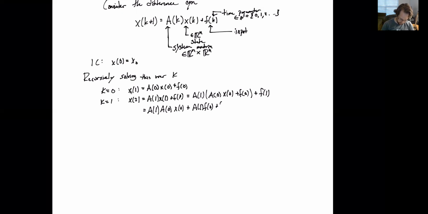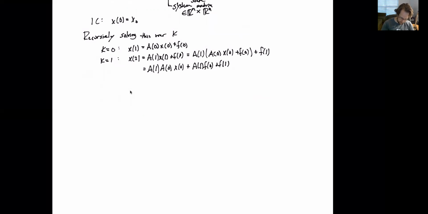Now, when k is equal to 2, the result will be equal to x at time 3. Again, just plugging it in here, and then recognizing that x at time 2 is exactly from above.